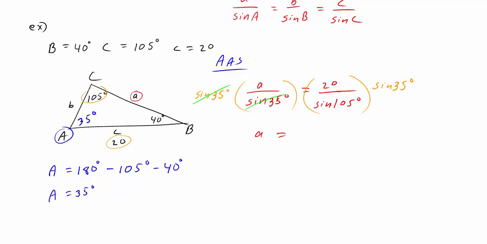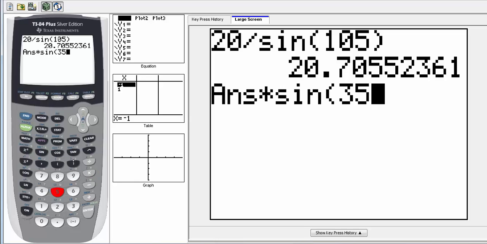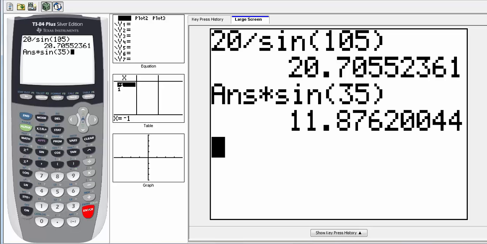And then we need to multiply that by the sine of the 35 degrees. So we would simply hit times, and notice it brings down that last answer, so it's going to be more accurate. So that's multiplied by the sine of our 35-degree angle. And we end up with 11 point, and we'll go to two places again. So we'll get 11.88.